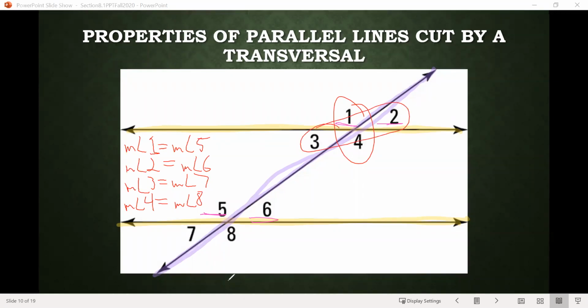Same with 2 and 3, 5 and 8, and 6 and 7. That gives us even more equalities across the two groups. If angle 1 is equal to angle 4, and angle 4 is equal to angle 8, now we know that the measure of angle 1 is the same as the measure of angle 8. You could find more equalities if you explore this some more. Again, that might be information that could be helpful for your homework.